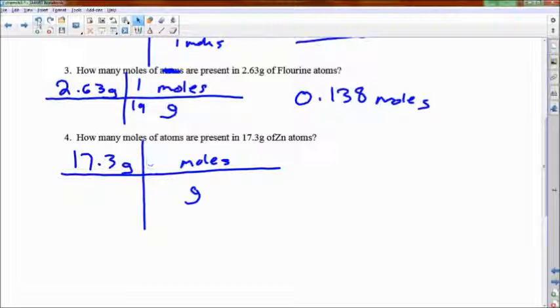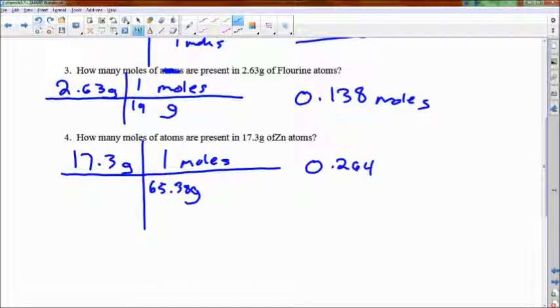Let's back that up. Because it's not 65.38 moles per gram, it's 65.38 grams for every 1 mole. But in this case, we do the same thing. We take 17.3 grams, divide it by the molar mass, in this case 65.38, and we get 0.264 moles.